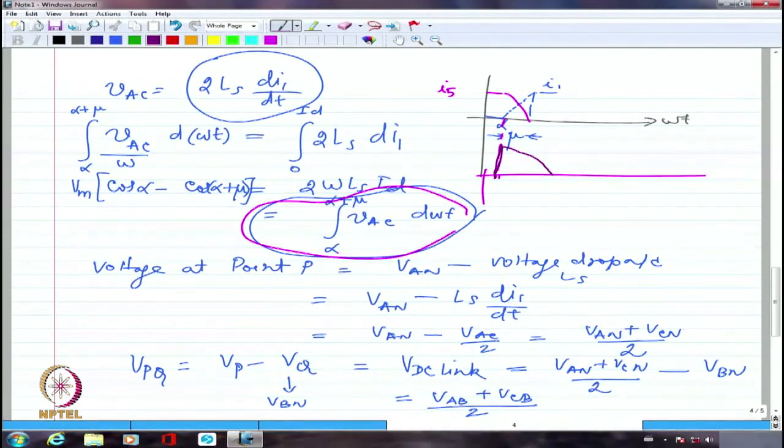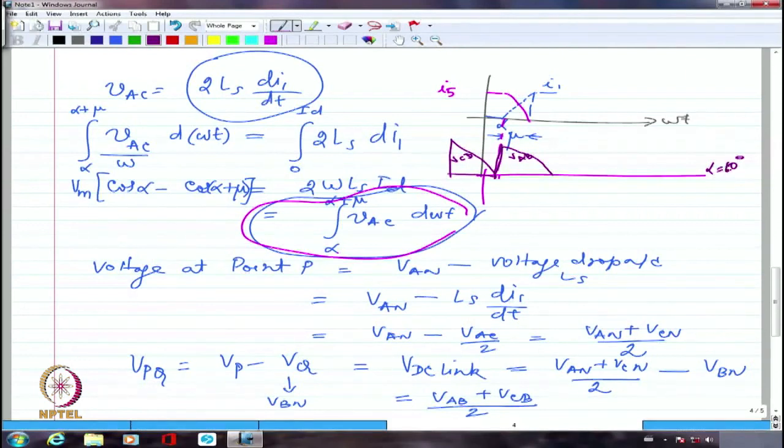If I had drawn the VCB, VCB should have been like this previously. Are you getting my point? Without commutation overlap, this should have been VCB, this should have been VAB, and so on for alpha equal to 0 degree. For example, now, alpha equal to 60, sorry.